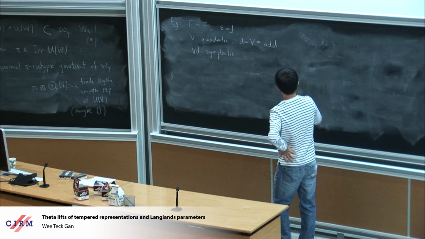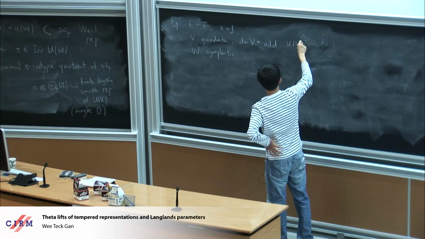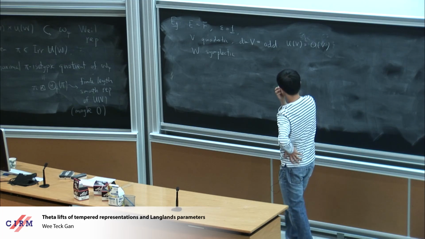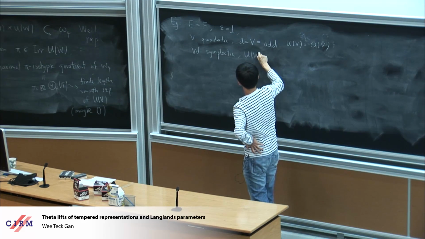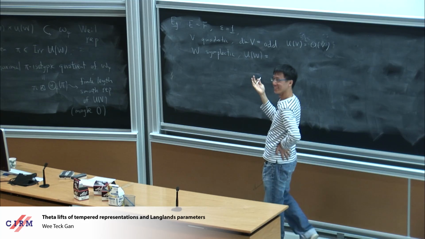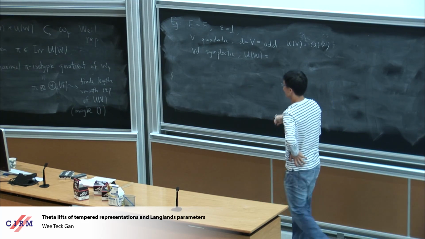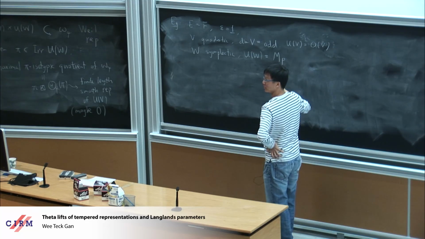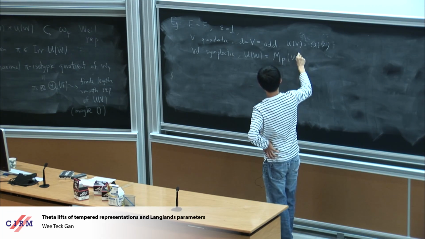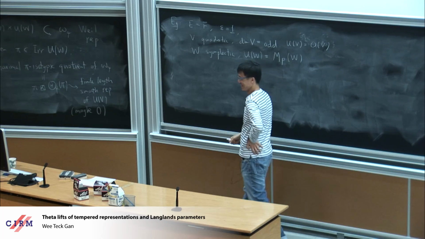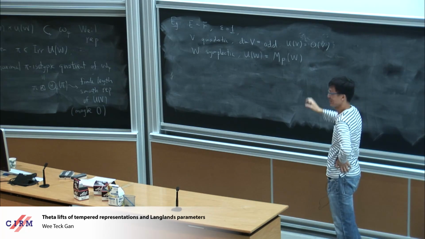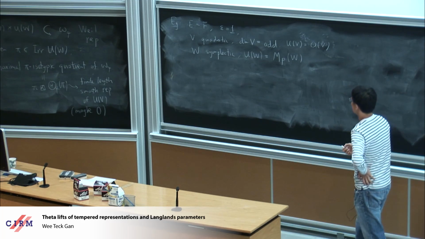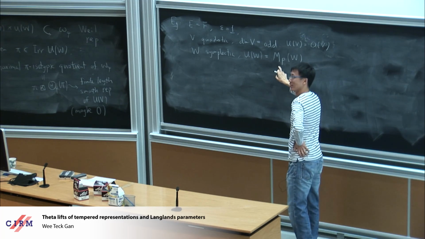Then, of course, U(V) is the orthogonal group, right? And U(W) should be the symplectic group, okay? But for some technical reasons, I have to work with a double cover because of this odd dimension. Anyhow, this is the example I want to keep in mind, and I will specialize the discussion to this case. After all, we saw this group in the first talk.